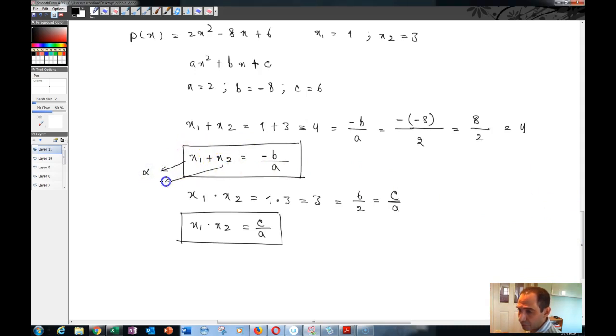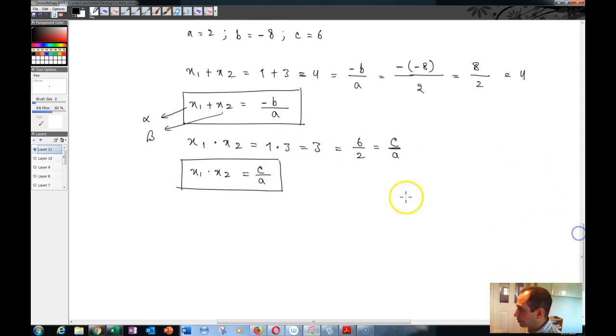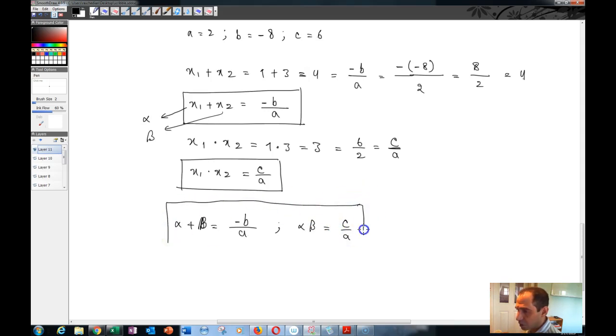So this is alpha, for example, this is beta, and they write alpha plus beta is equal to negative b by a, and also alpha beta is equal to c by a. This is the kind of thing that you usually use a lot, at least in the first year of your university or so. So that is basically that.